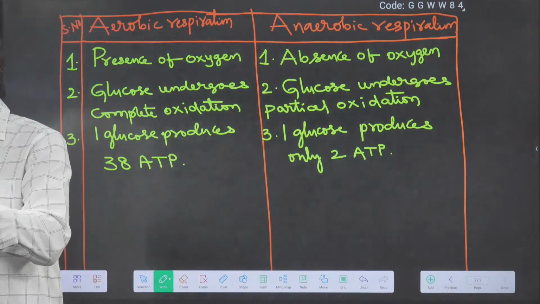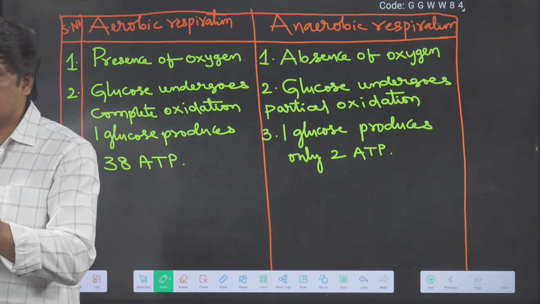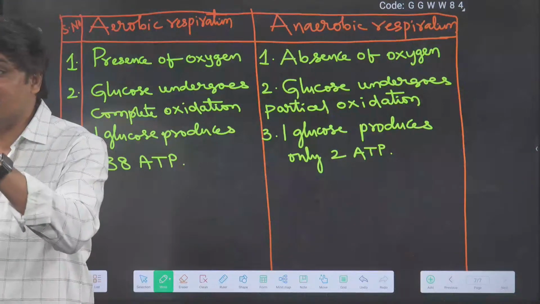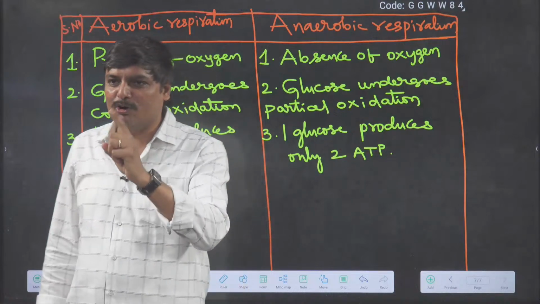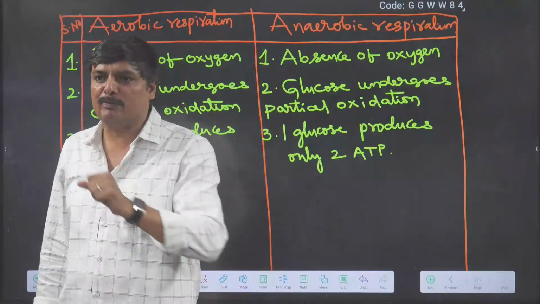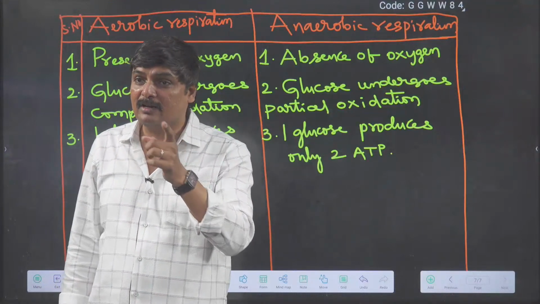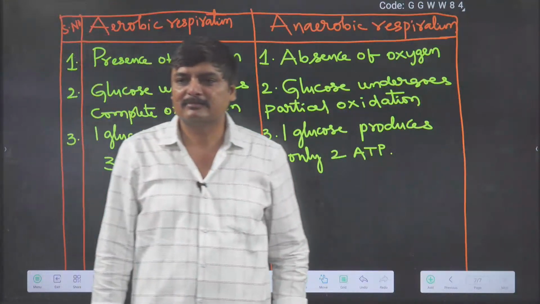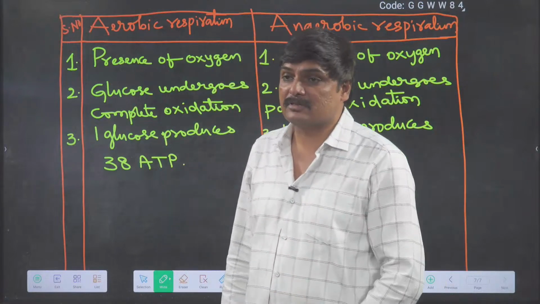Yes, some are giving correct answers. Very good. 19 times. Is it right? The same glucose produces just 2 ATP in anaerobic respiration and 38 ATP in aerobic respiration, means 38 by 2 is equal to 19. 19 times.